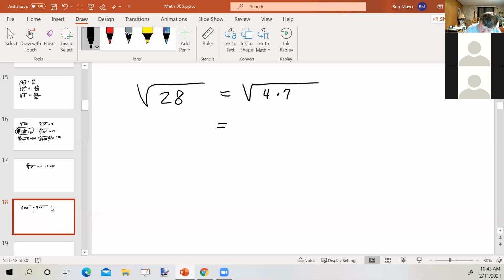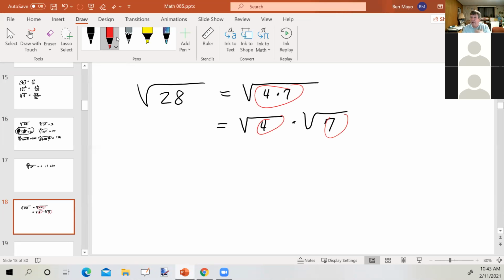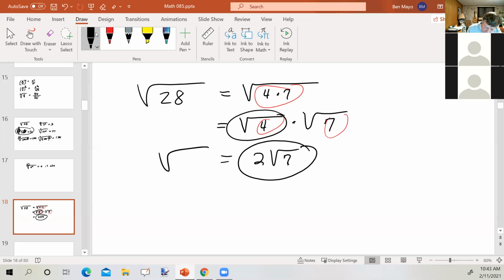Using one of these new rules, we could write that as the square root of 4 times the square root of 7. Since I've got a product here, I can split up each factor with the same index of an implied 2. Now, what is the square root of 4? That's a plain old 2, and it's no longer inside of a radical. The square root of 7 doesn't simplify further, so here's my final answer: the square root of 28 simplified becomes 2 square roots of 7.